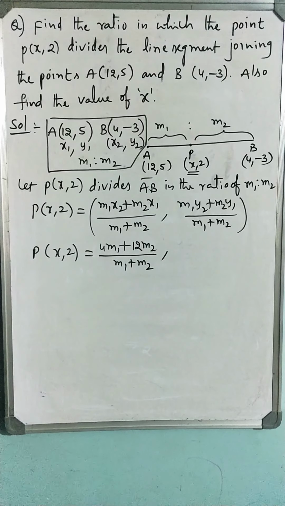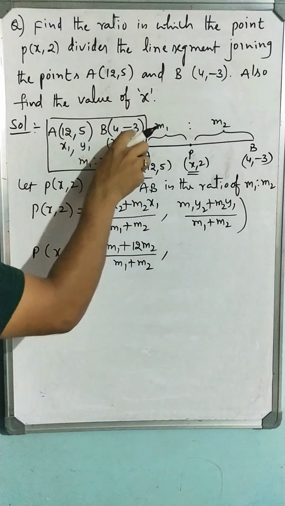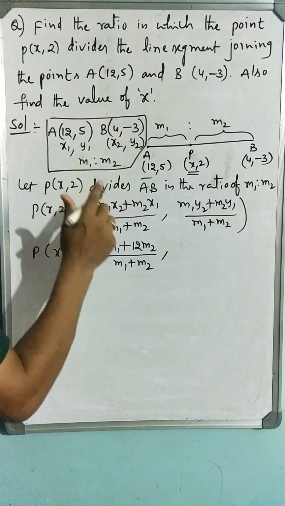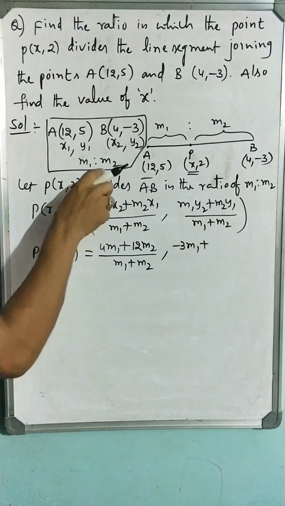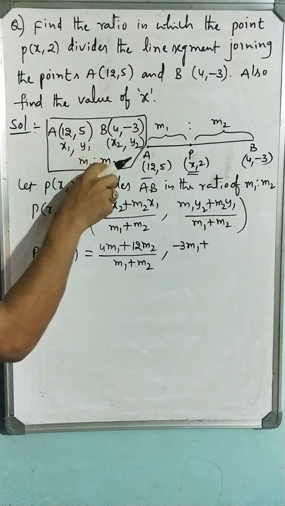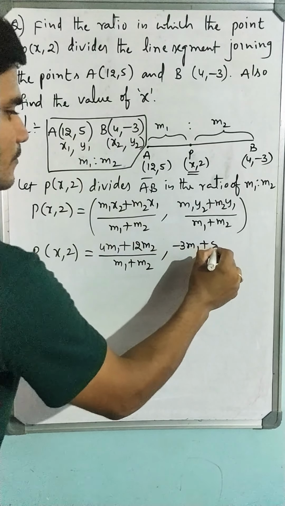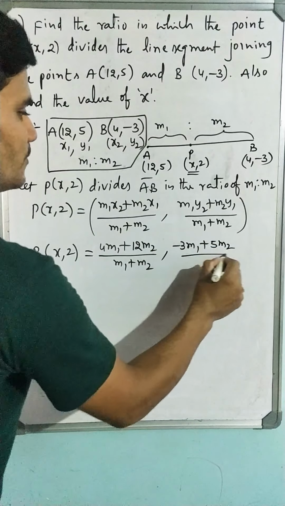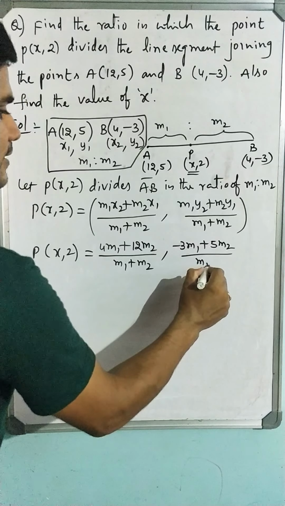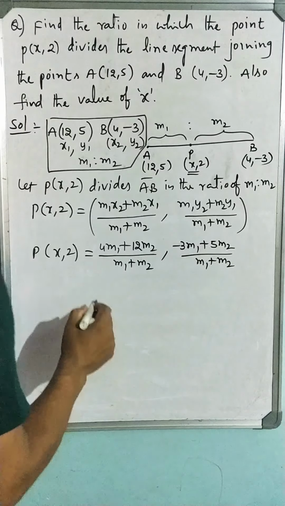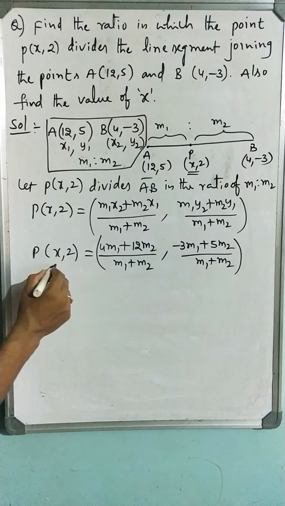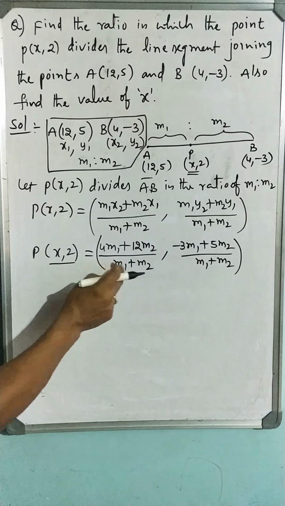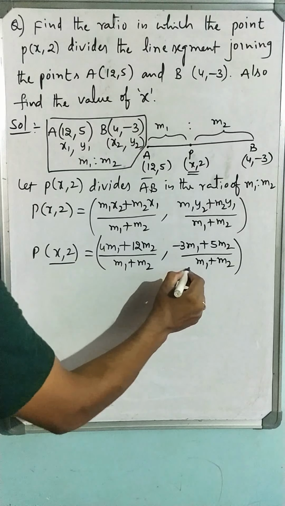Next, m1y2, that is -3 into m1, -3m1, plus m2y1, that is 5 into m2, 5m2, by m1 plus m2. As you know, if two points are equal, corresponding coordinates are equal, so let me equate the y coordinates.